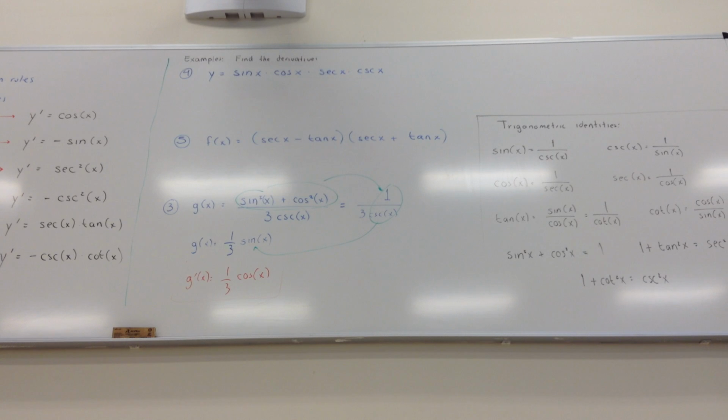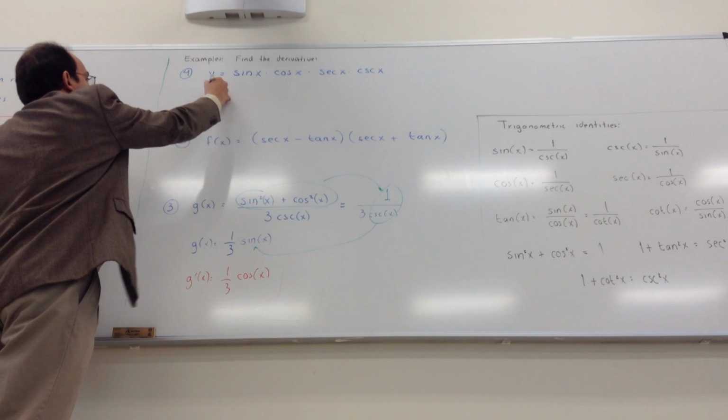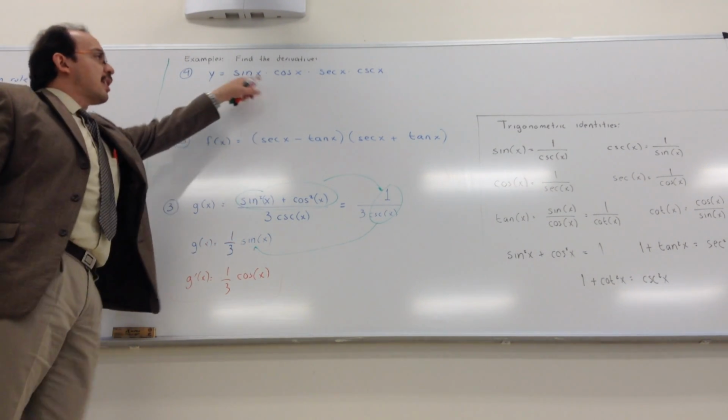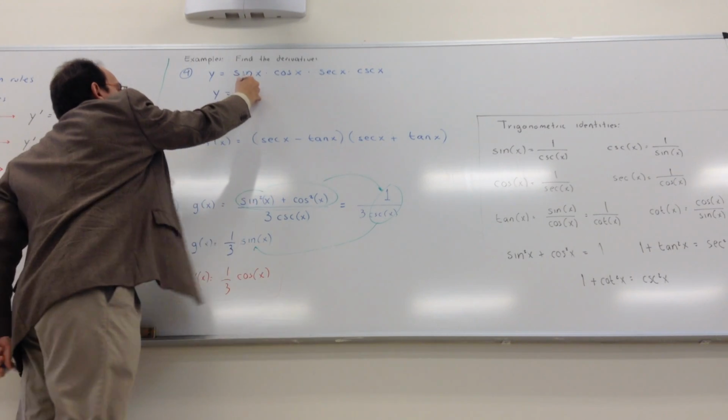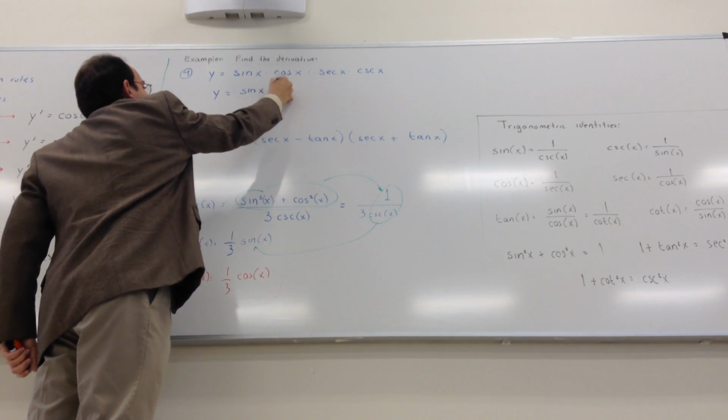Now, listen, in this case, even though you have the sine, cosine, etc., they're multiplying each other. So far, right now, I haven't seen a rule for products. So you cannot apply the product rule yet. We need to simplify. How can I simplify this using the formulas? Well, in this case, sine and cosine, try to leave it like that, because they're the simplest functions. Sine and cosine, we leave them.